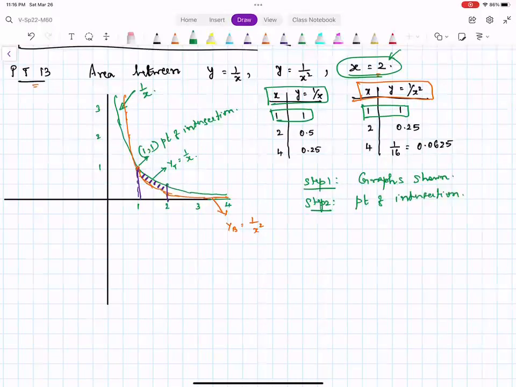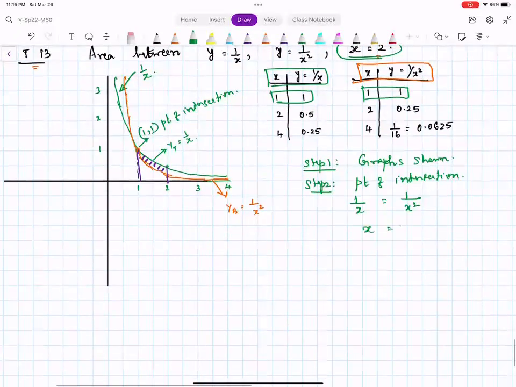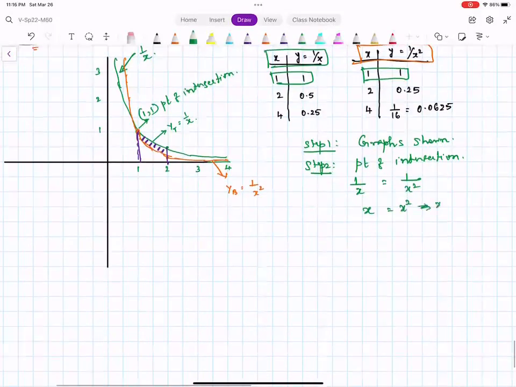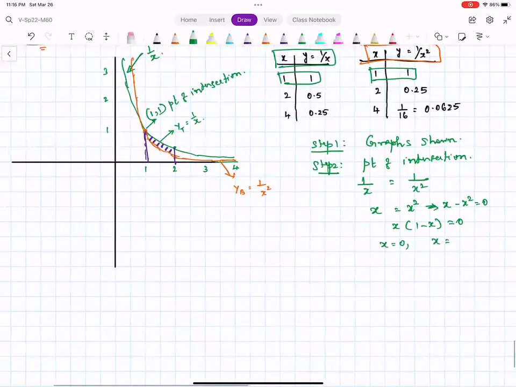We can also solve this algebraically. If you set the two equations equal, then it will become x equal to x squared if you flip both sides. This means x minus x squared equal to 0, or x times (1 minus x) equal to 0, so either x equal to 0 or x equal to 1.